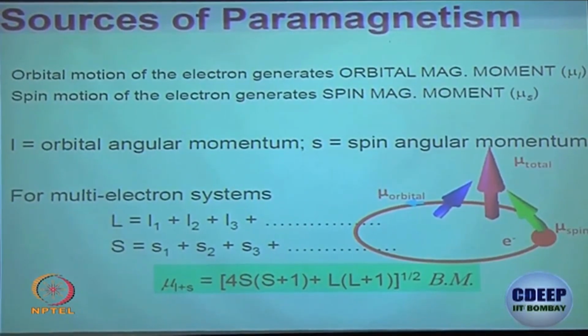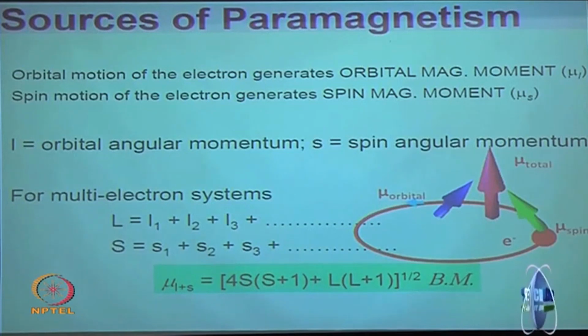One is spinning around its own axis, and another is that while spinning around its own axis, it is also rotating along the orbital, right? So two components: the mu L, or orbital component, for which it is rotating around the orbital, and the other component is the spinning along its own axis.